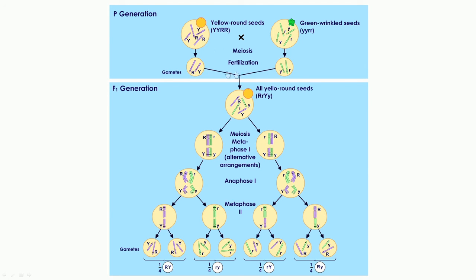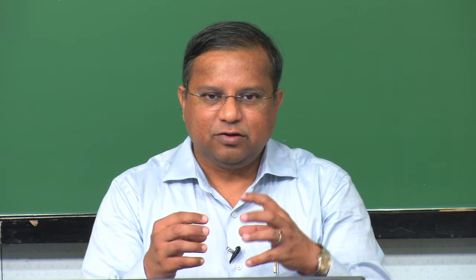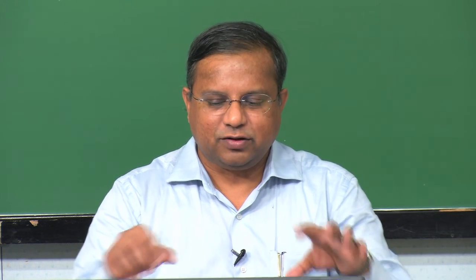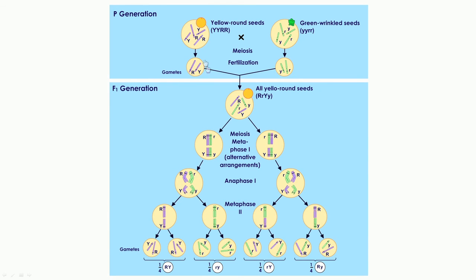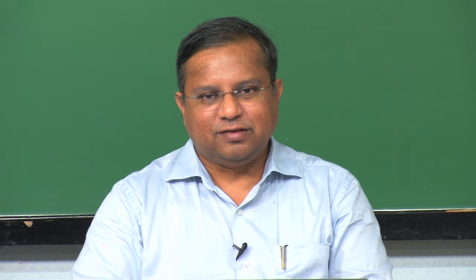This is essentially what has resulted from this kind of segregation. This will become clearer when we look at 2 things together, but this gives you the molecular basis for the Punnett square itself, in this case 2 characters, but you could also look at it in terms of 1 character, nothing wrong. I think this is the right time to close this lecture.